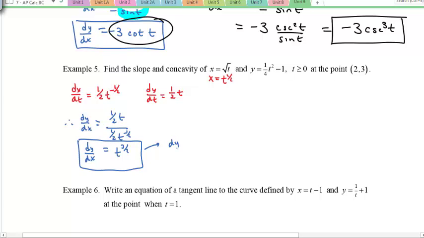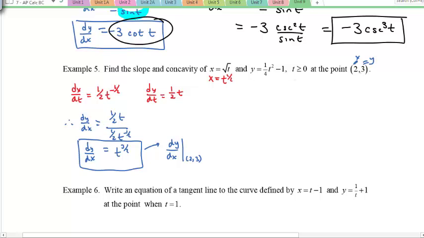I want to find the slope at the point (2, 3), so I'm going to plug in the values 2, 3. But you're like, wait, I have t as my variable. You're right. So when x equals 2 or y equals 3, what is the value of t?